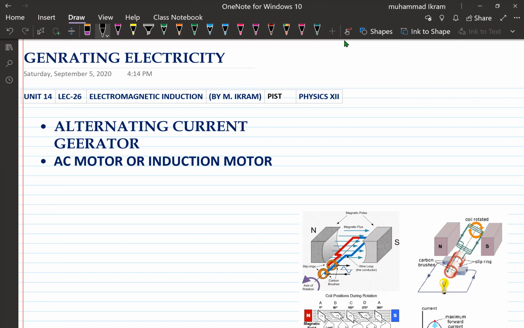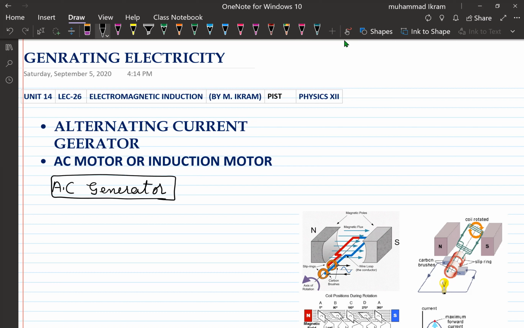Alternating generator, or AC generator. Now, what is the AC generator?